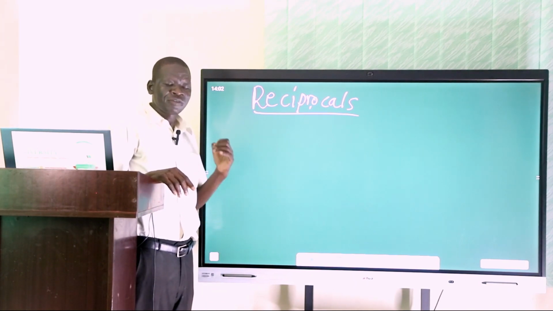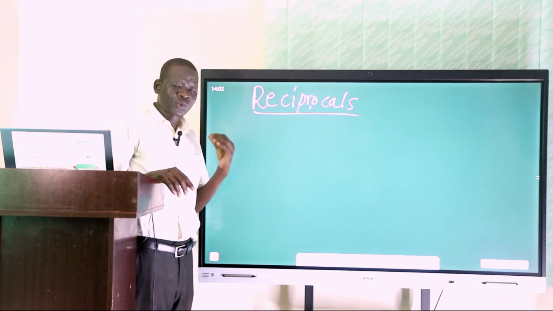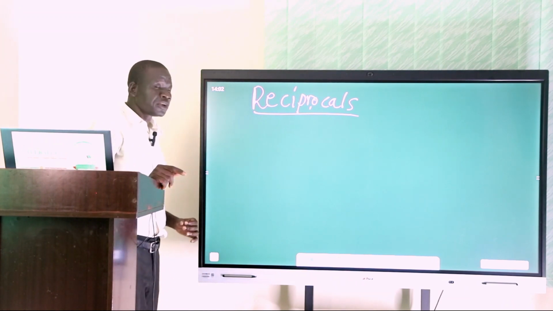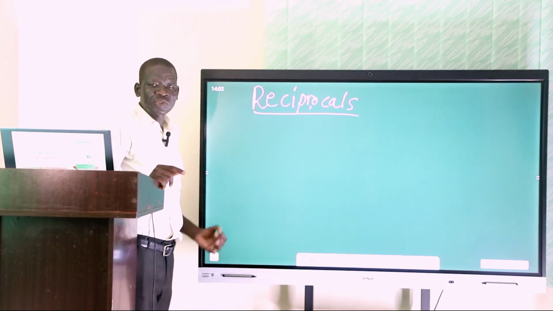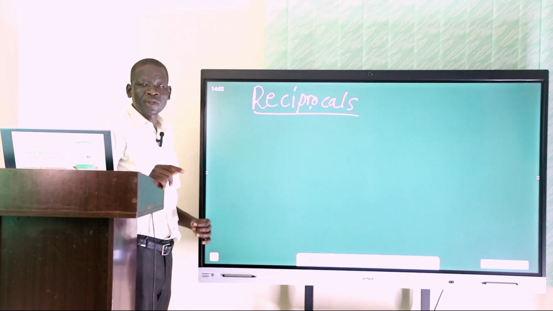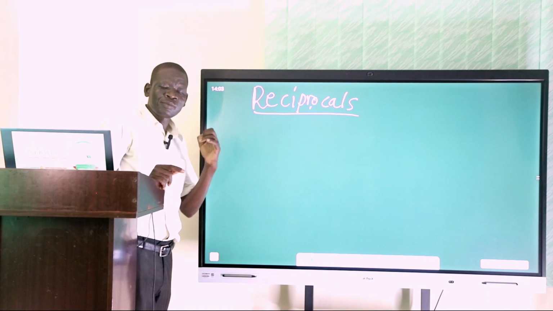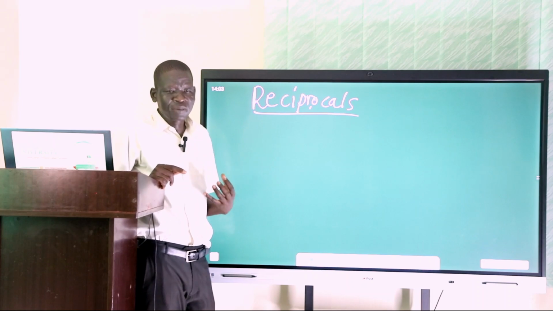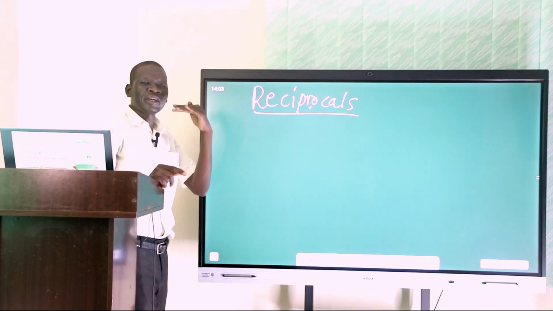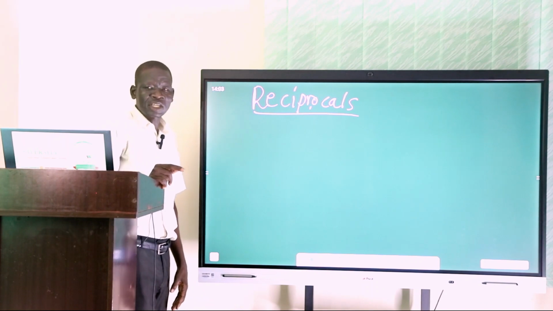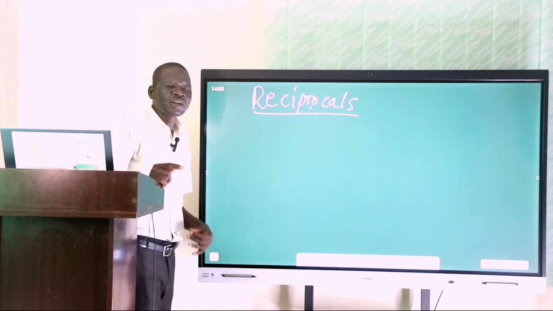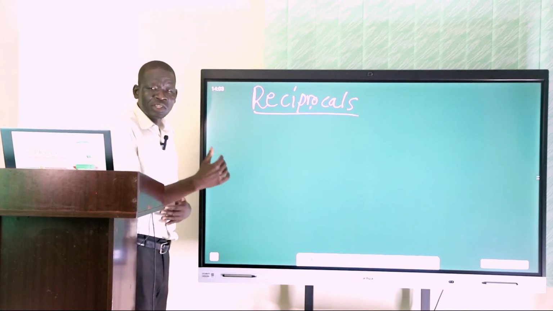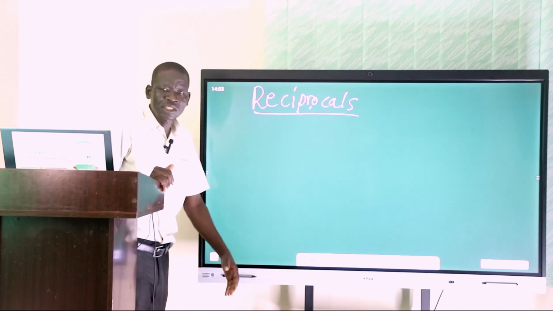The reciprocal of a number is defined as 1 divided by that number. For example, the reciprocal of x is 1 divided by x. The reciprocal of 2 is 1 divided by 2. However, if the number is specified with a numerator and a denominator, like a fraction, the reciprocal of that fraction is obtained by interchanging the numerator and the denominator.